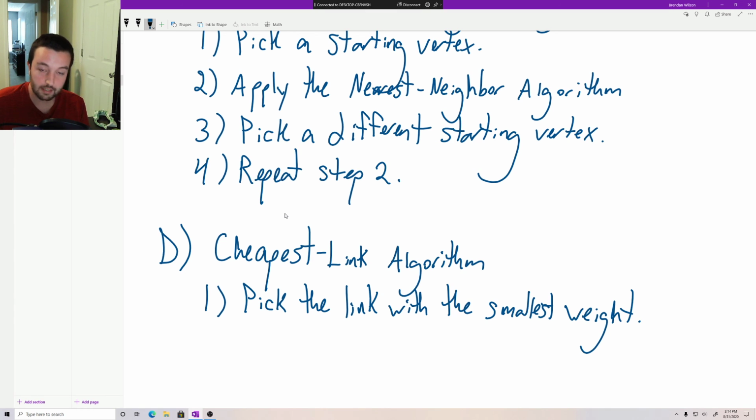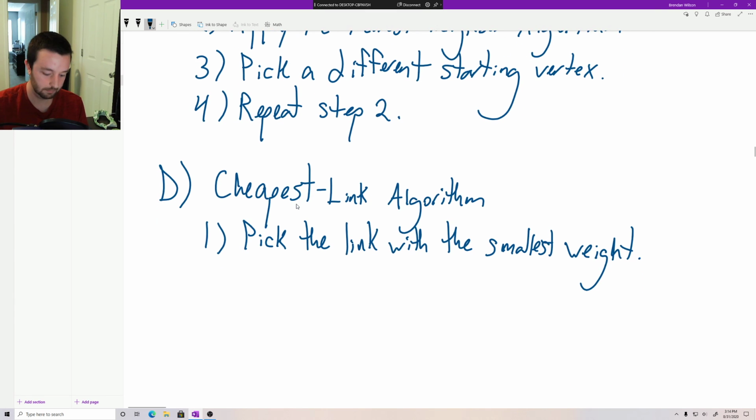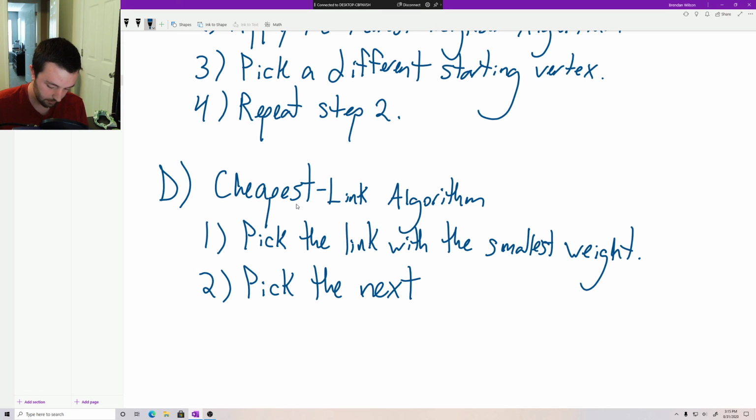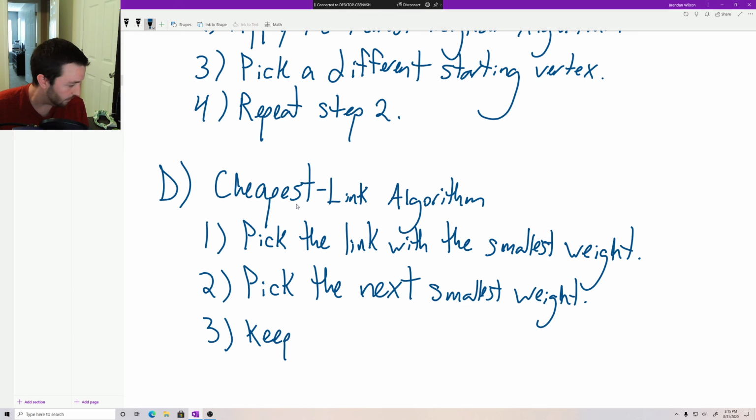Again, if there's a tie, just pick one at random. Pick the next smallest weight. Okay. Keep doing this.